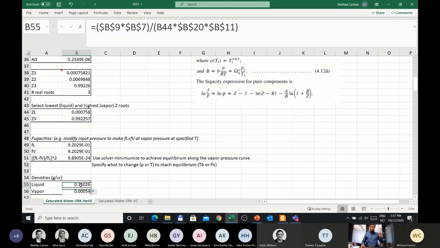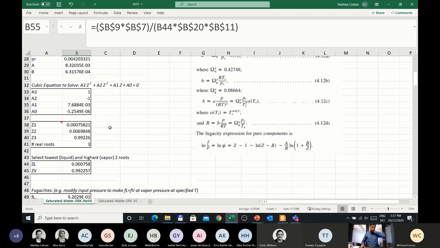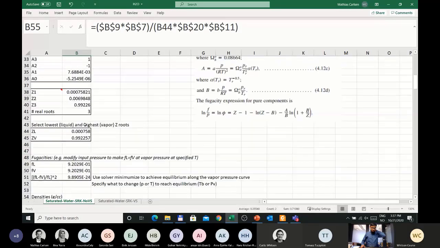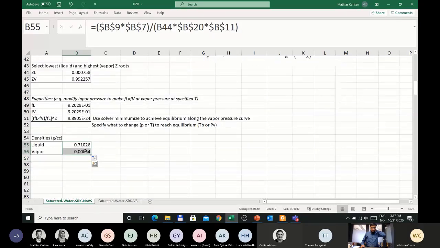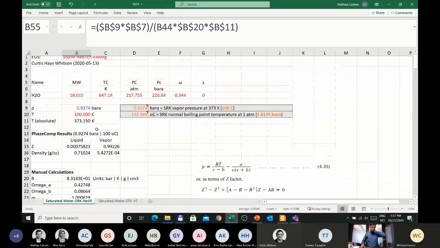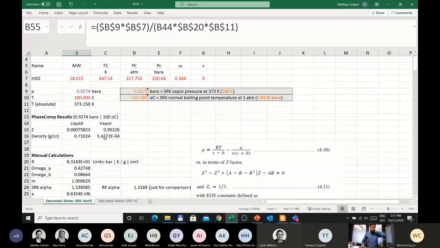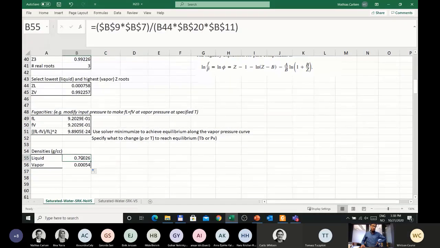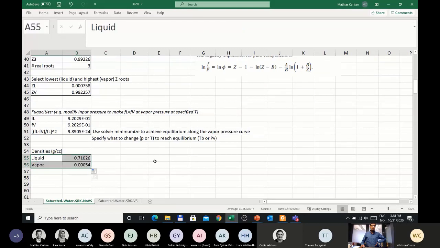If we compare these two numbers with the numbers we have gotten from PhaseCon, 0.71024, 0.71026, and 0.00054, 0.00054.